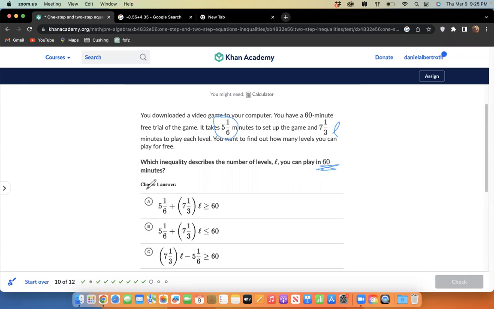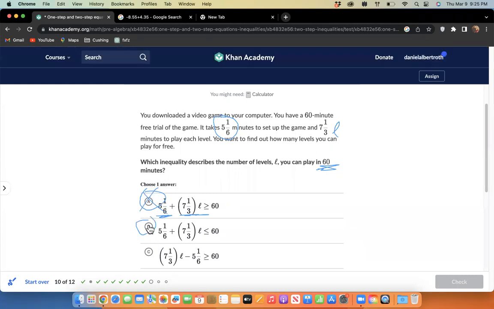So I believe that it's actually the first answer, A. It's saying that's greater than or equal to 60. So that's putting it over an hour. So it should be B, actually, because it needs to be less than or equal to 60 to make it under an hour. So it looks like B.